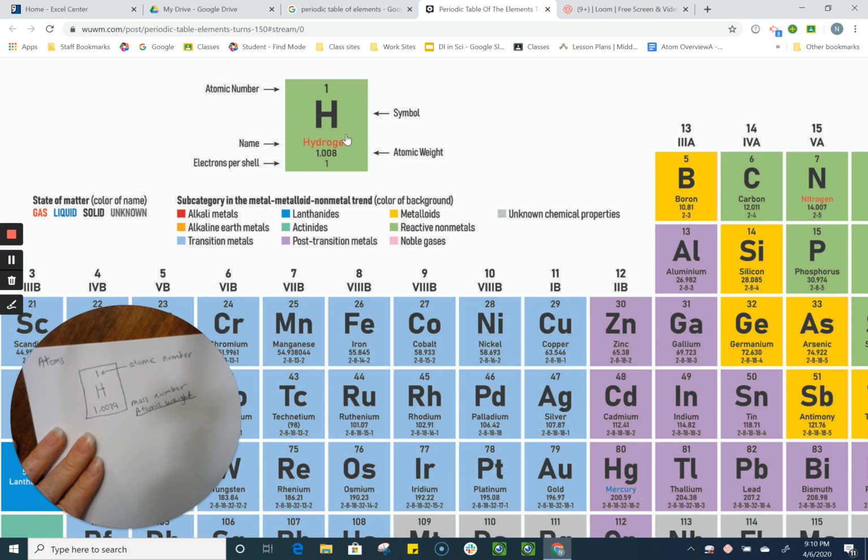Now, basically, what those numbers tell you, they're little clues that can help you figure out trends in the periodic table. I am not one that makes people memorize the periodic table because if you're going to be working in science or if you're going to be a chemist, you're going to have a periodic table in front of you.